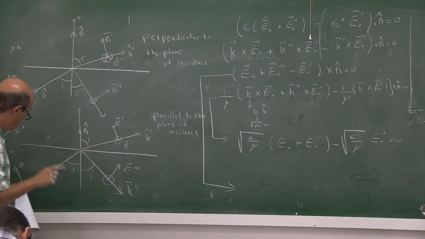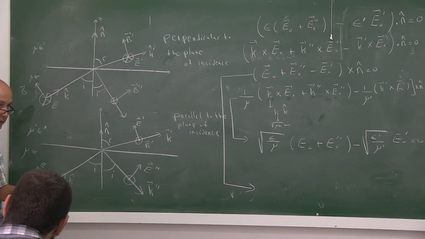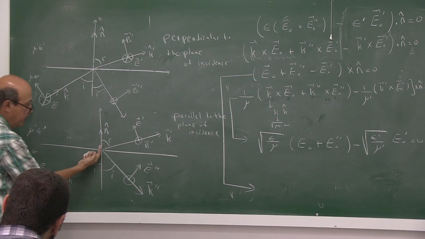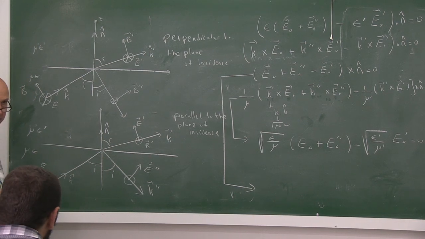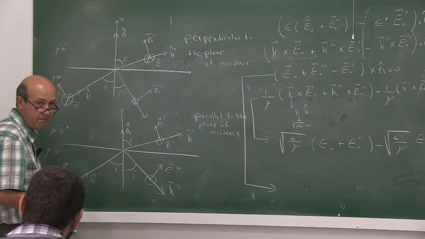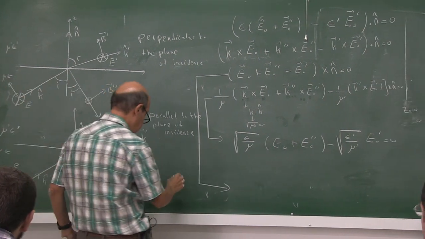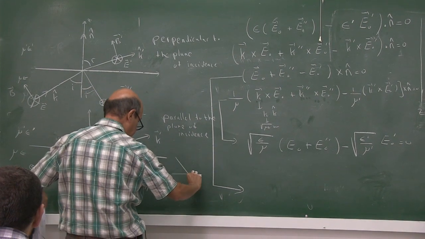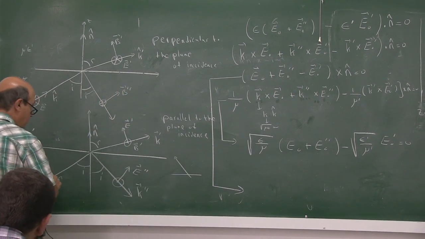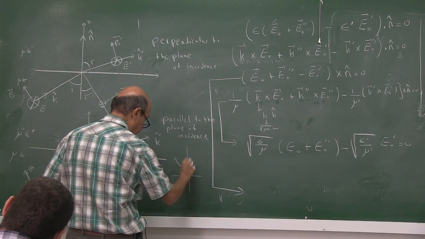What is the E0 cross N? E0 is this, incoming, N is this. So what is the E0 cross N? Do you see or not? So I can carry that E0 here. That is N.